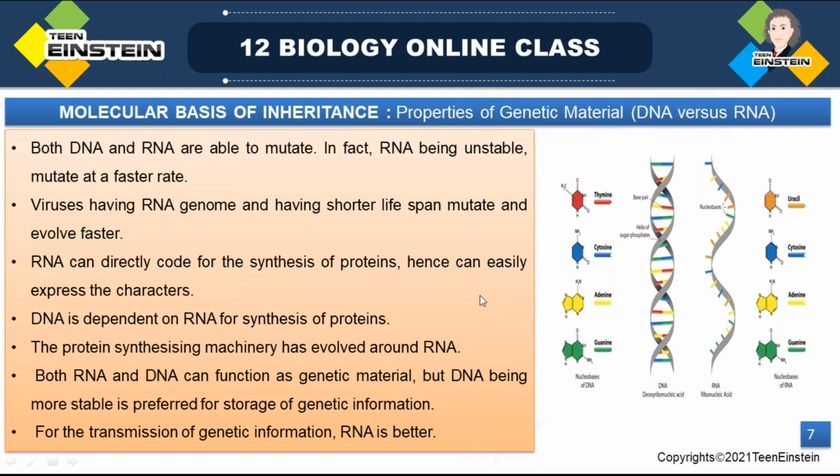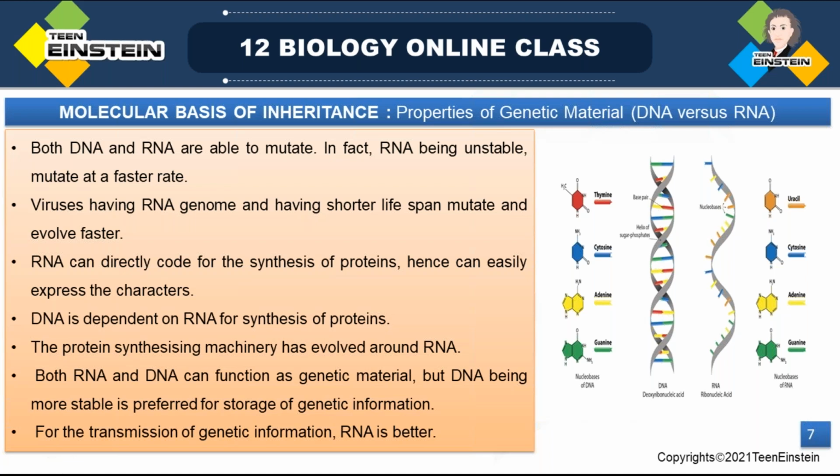But in the case of RNA, there is no intermediate step. From RNA you get protein expression directly. So RNA can directly code for, or synthesize, protein. So the expression of the character is easy for RNA, right?